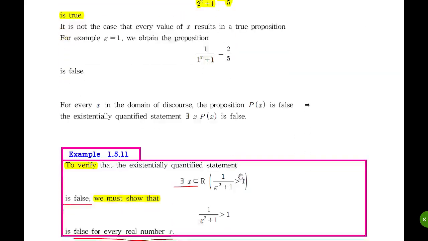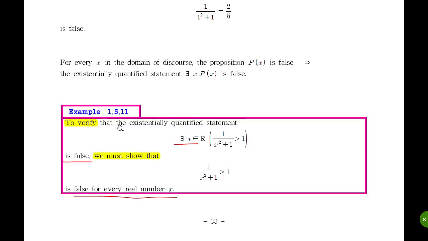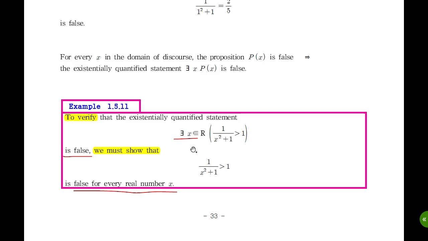Here, to verify that the existentially quantified statement, there exists x in R such that 1 over x squared plus 1 is bigger than 1, is false, what do we have to do?